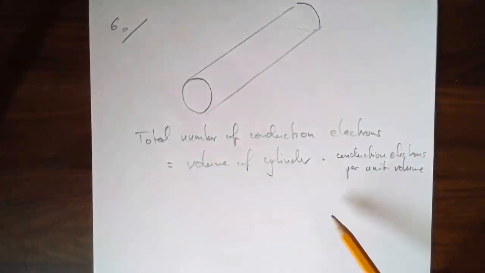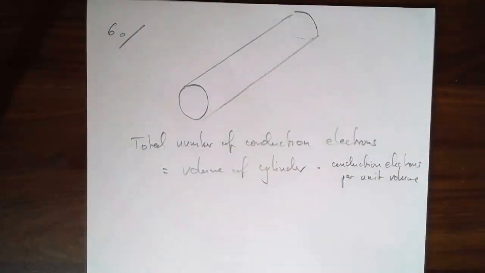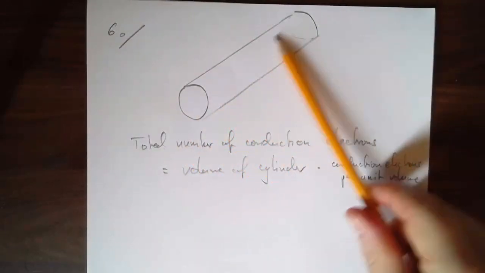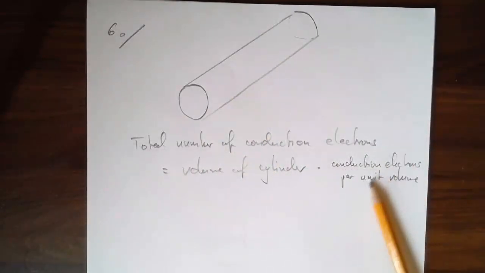So if my volume were 2 cubic meters, of course it is not, it is a thin wire, it's way smaller, but let's imagine it's 2 cubic meters. I'm going to take 2 times the number of electrons per cubic meter.